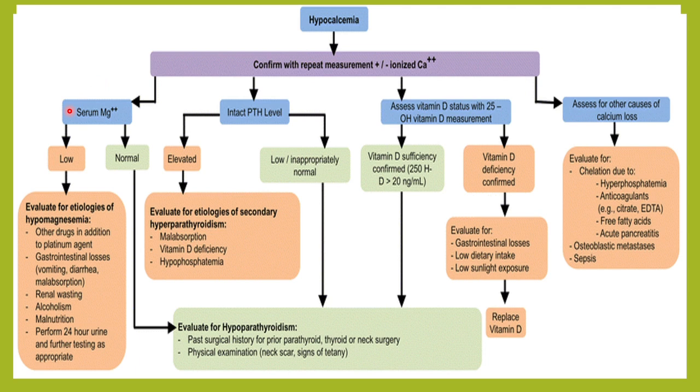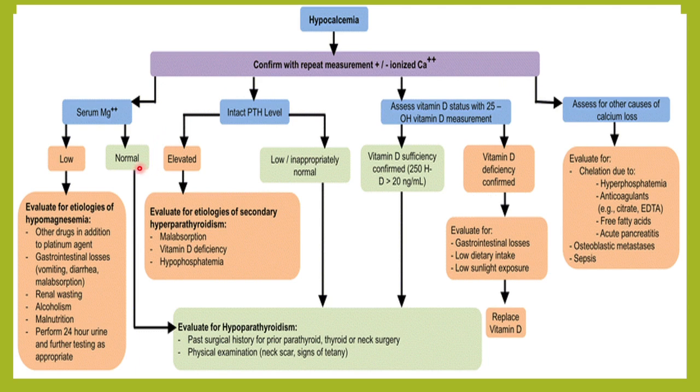You will also have to evaluate the serum magnesium. Suppose you got a patient, his calcium is less and his magnesium is also low. So if you are having calcium low, magnesium low, think whether patient is losing both, whether he is having vomiting, loose motions, diarrhea, malabsorption, whether he is wasting it in the kidney, whether he is having kidney disease, whether he is malnourished, etc. Suppose you get a patient who is having low calcium but normal magnesium.